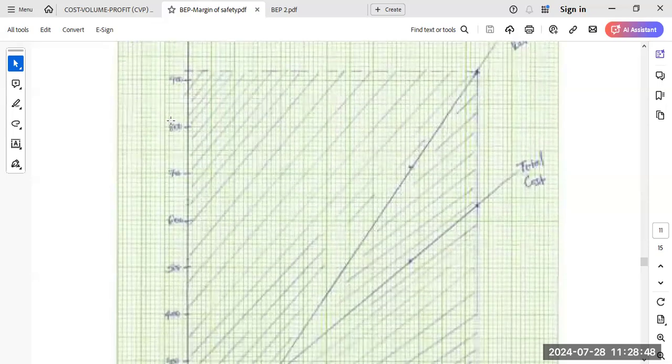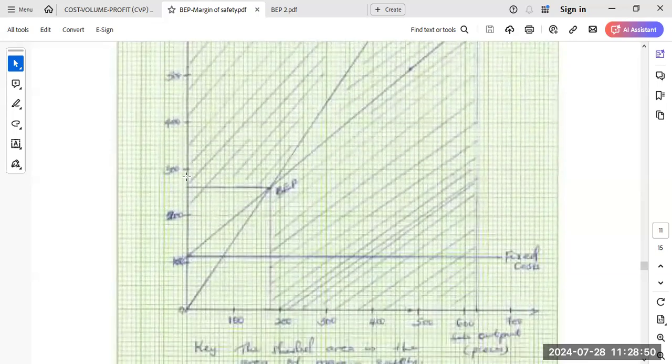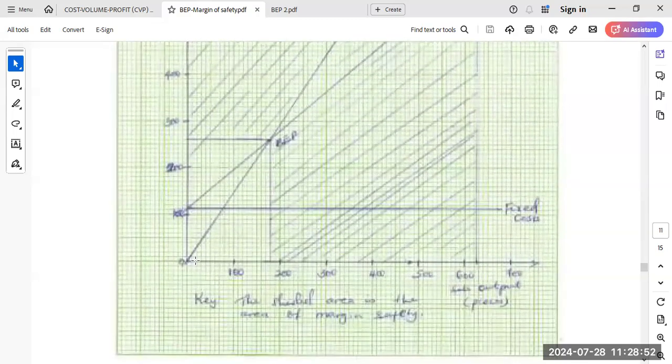Then also on the horizontal axis, what you're putting is your output, sales output, and it is in terms of pieces. You also need to get a suitable scale basing on the values you have.